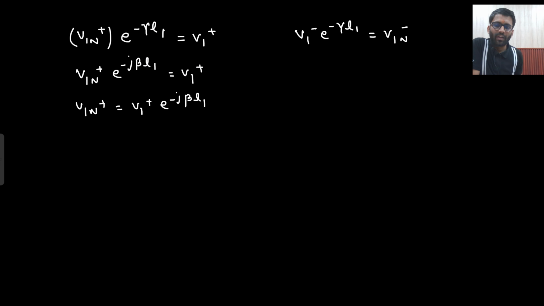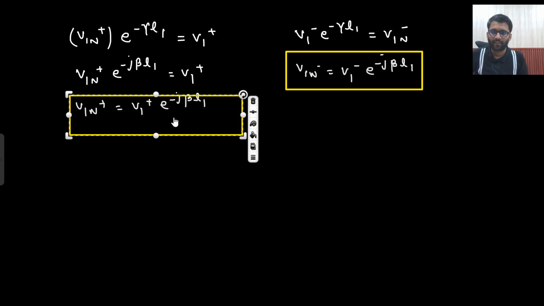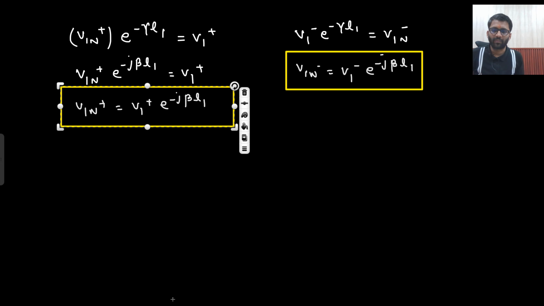So this is your V1n minus. And sorry, here with respect to gamma you need to put j beta. So your V1n minus is equal to V1 minus e to the power minus j beta L1, right? This is your V1 minus. This is your V1 plus.